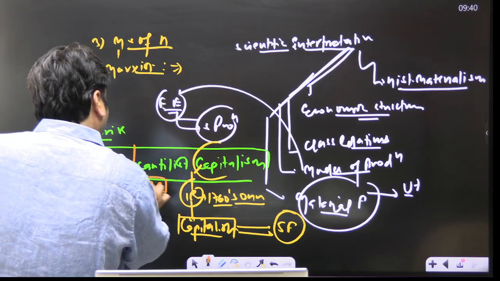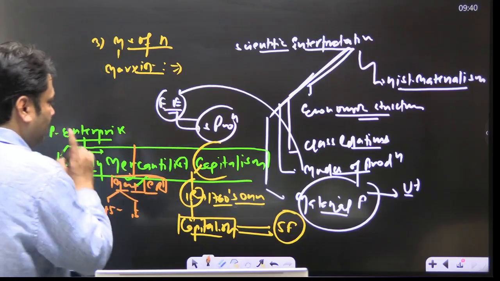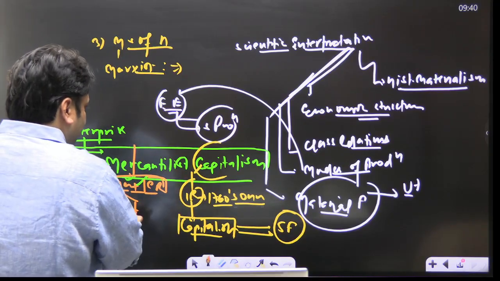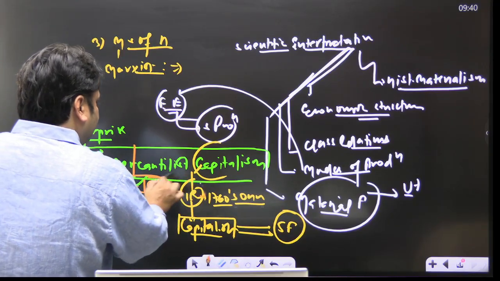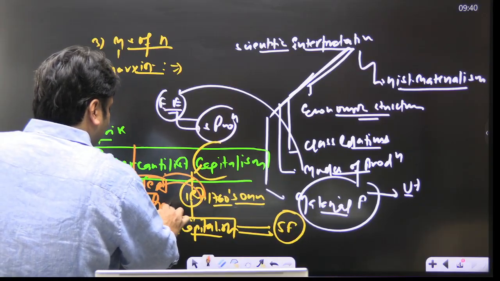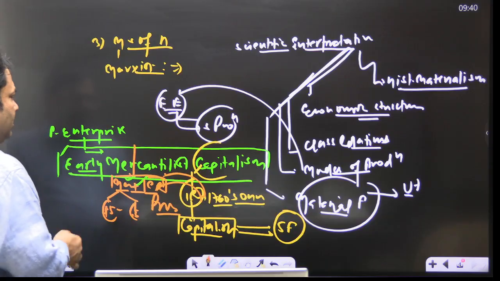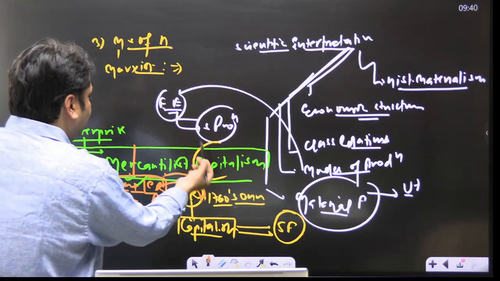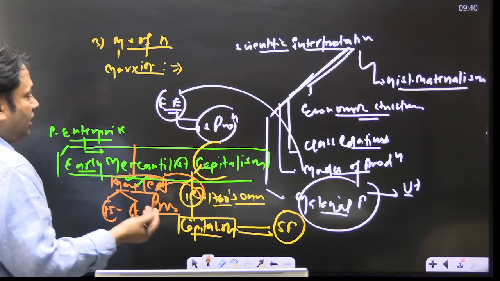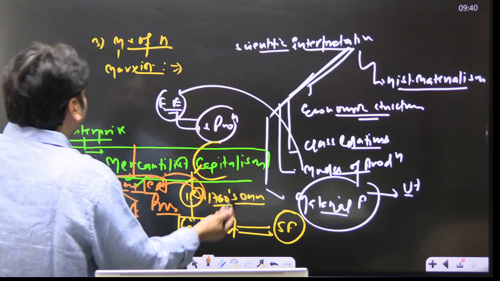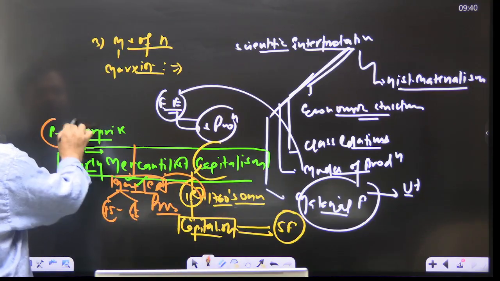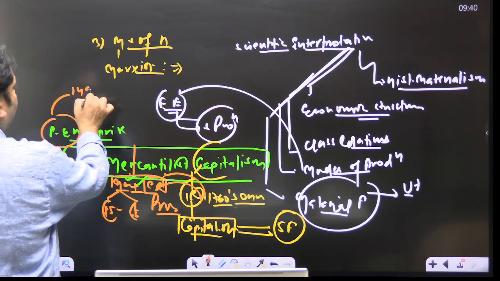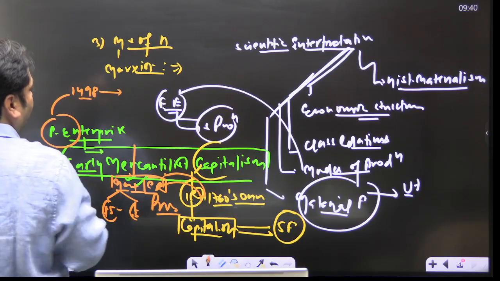This phase is prior to capitalism, that's why we call it early capitalism, but since the phase was mercantilistic, it is called early mercantilistic capitalism, because the Portuguese enterprise in India is traced back from 1498 onwards.